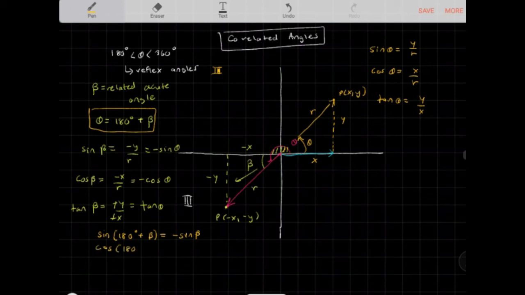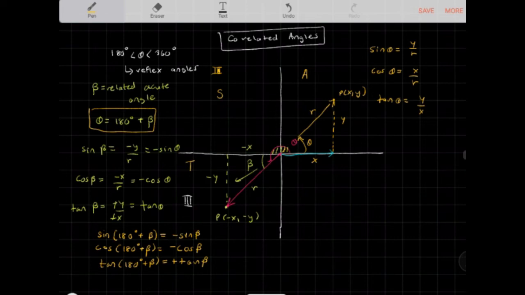Cosine of 180 degrees plus beta is equal to negative cosine beta, and only tan was positive in the third quadrant, so tan of 180 plus beta is equal to positive tan beta, right? So in the second quadrant only sine was positive. In the third quadrant, only tan is positive. In the first quadrant, all of our trigonometric ratios are positive.